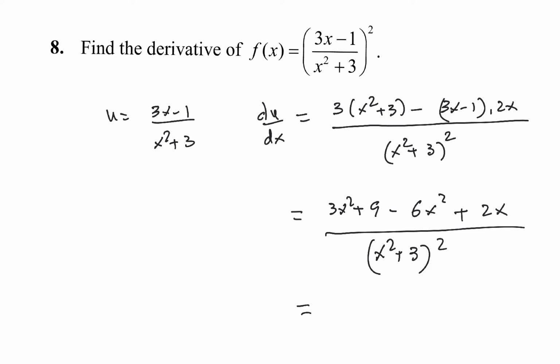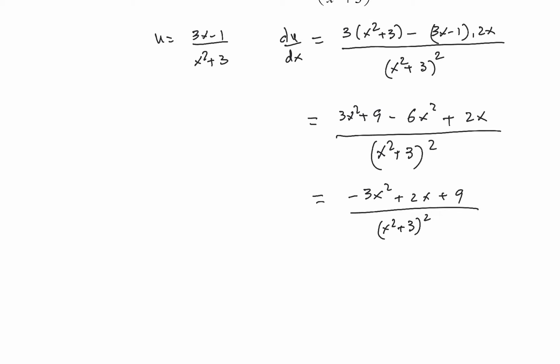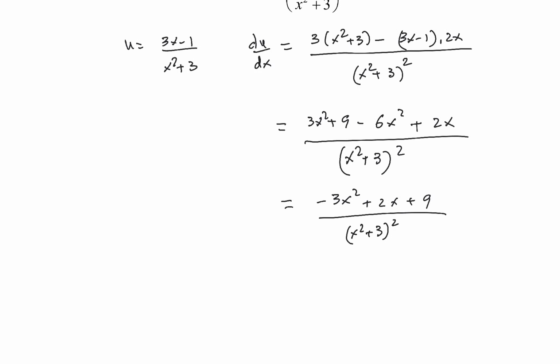So it will be 3 minus 6 is minus 3x squared plus 2x plus 9 divided by x squared plus 3 squared. So I have the derivative of u with respect to x.